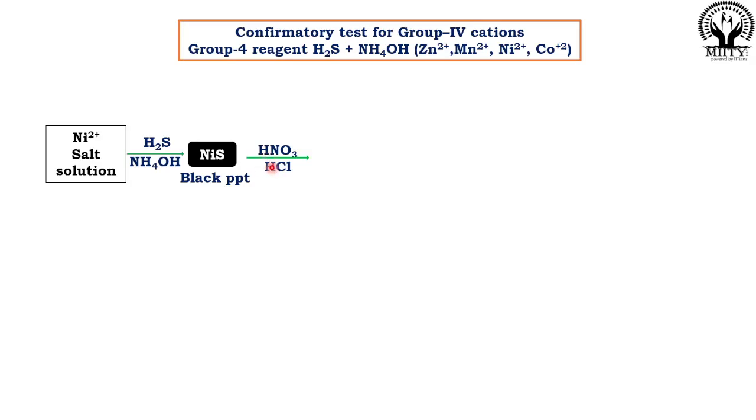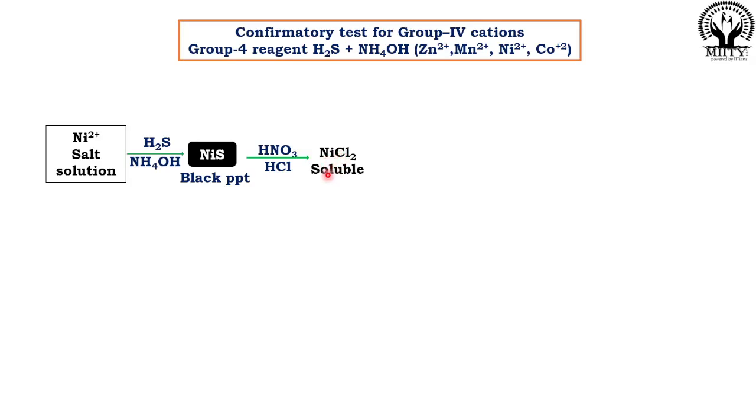In aqua regia, the sulfide S-2 will be oxidized to sulfur, and NO3- will be reduced to NO. The remaining Ni+2 combines with Cl- and forms nickel chloride, a soluble salt.